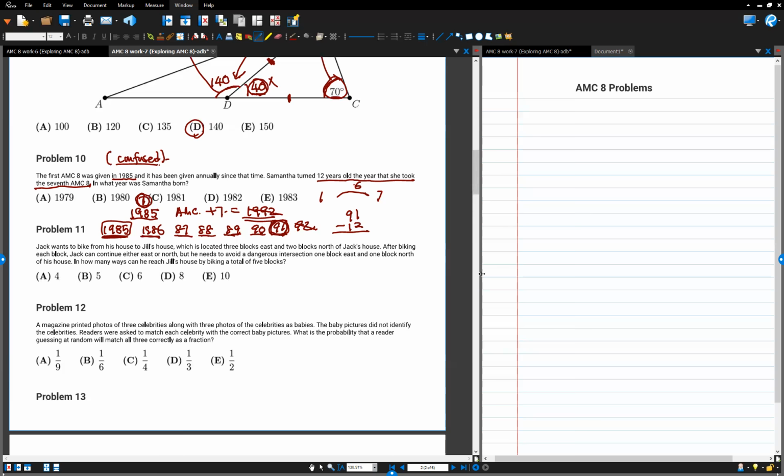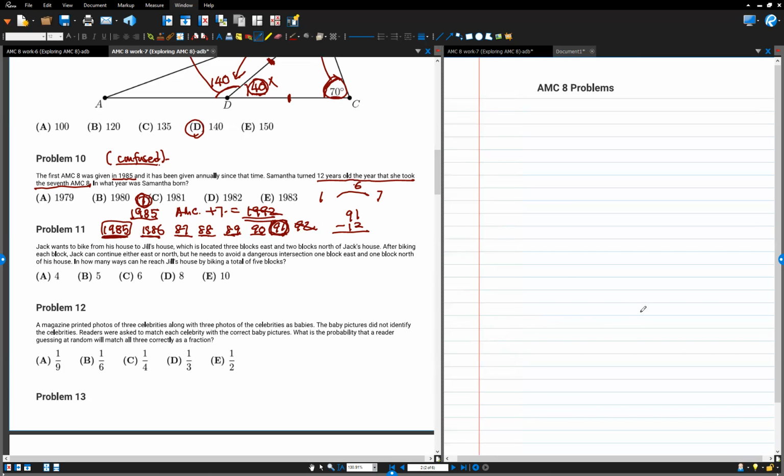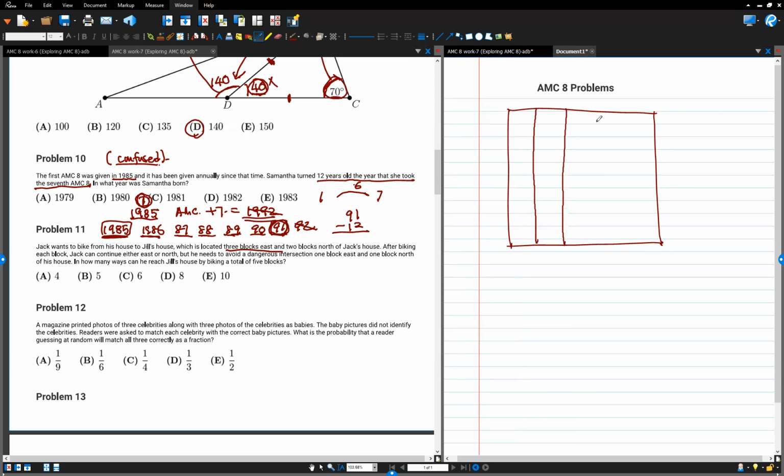This one is a little hard, but there's a formula, so it's not that hard. It looks like this way. 3 blocks east, so it looks like this one. 1, 2, 3, 4, 5. So from here, 3 blocks east, 2 blocks north.